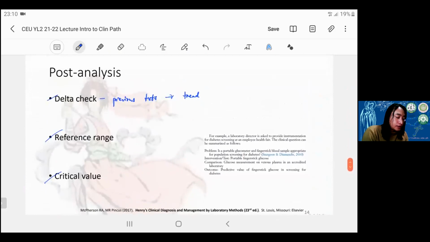And your reference range is the 95% normal population. And then the critical value would be the value that will tell us that we need to give immediate intervention to this patient.